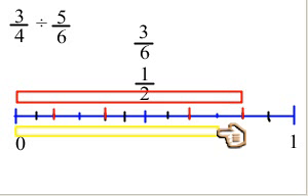So if I take this amount and I want to find out how many of these are in it, I know that the answer is going to be 9/10. It's less than 1. If this was here, it would be 10/10. So 3/4 divided by 5/6 is 9/10. So you should be able to use number lines and fraction strips to demonstrate division of fractions.